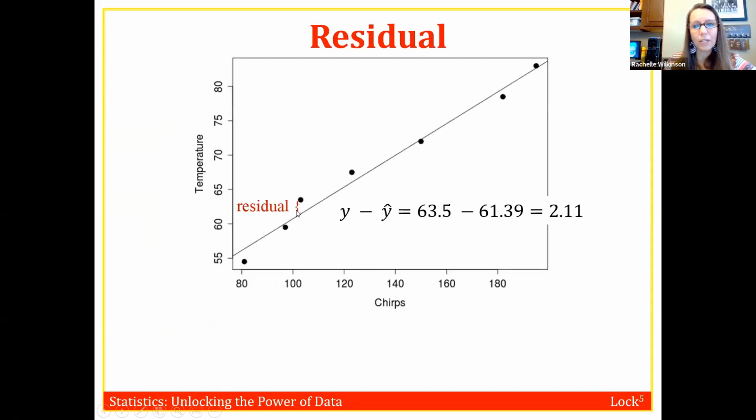And that difference, or that distance from the point to the line, is 2.11, and it's what we're going to call the residual. When you think of residual, you probably think of leftover, and that's basically what it is. It's the leftover variation. Our line said it should be this, it was actually this, so this is the leftover amount of variation that our model couldn't account for.